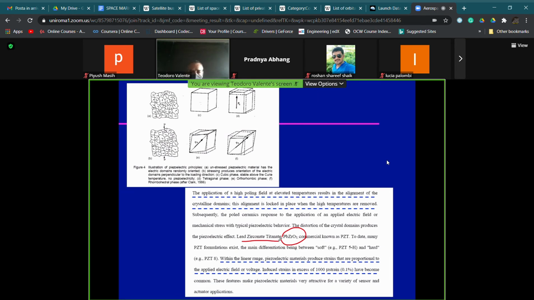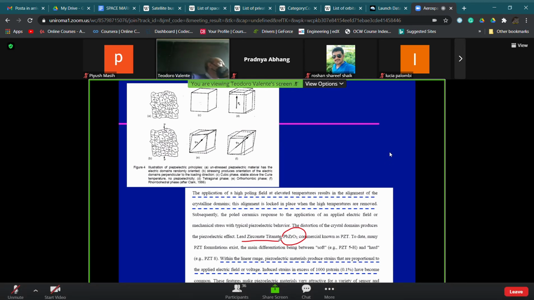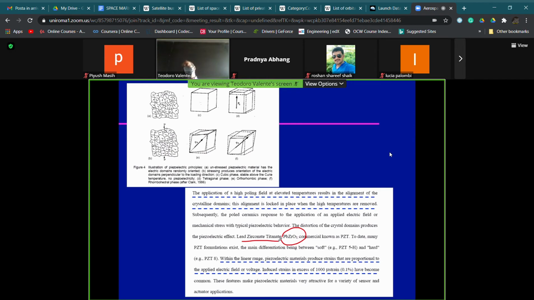Now, let's make a small discussion. This is a ceramic material. So if we are thinking of using these kinds of materials for engineering applied loads, we are a little bit worried because we know that ceramic materials, generally speaking, and also piezo ceramic materials, are brittle.